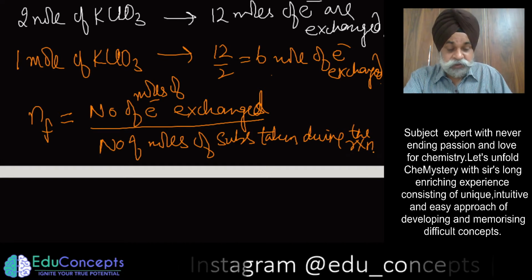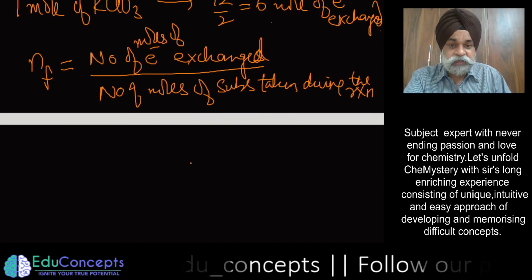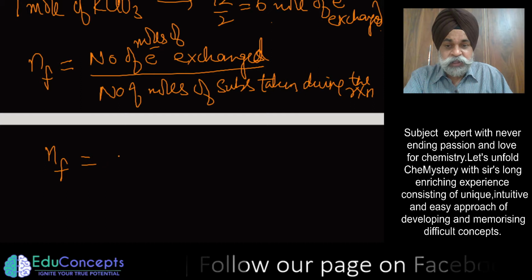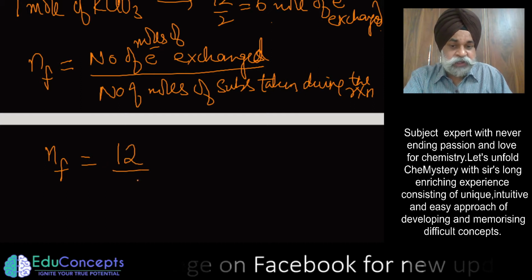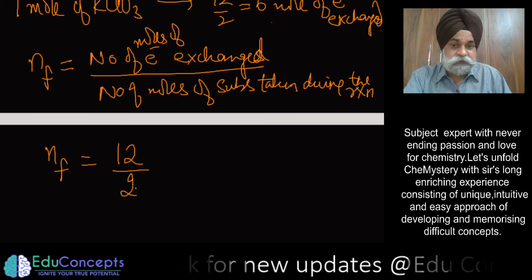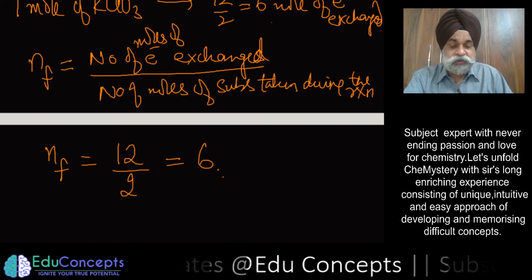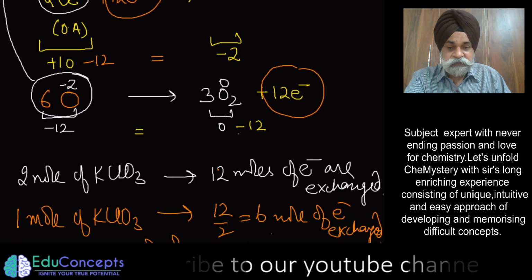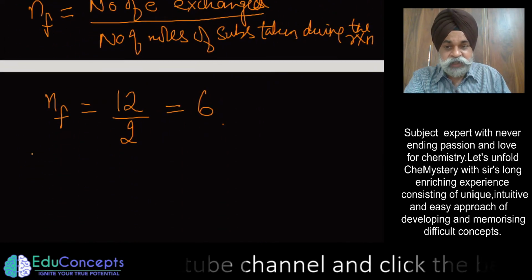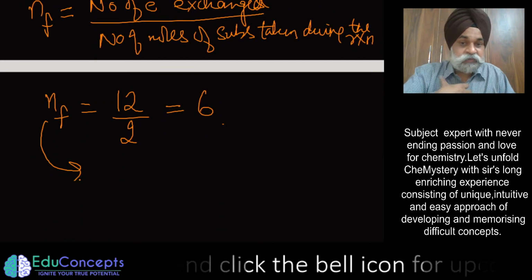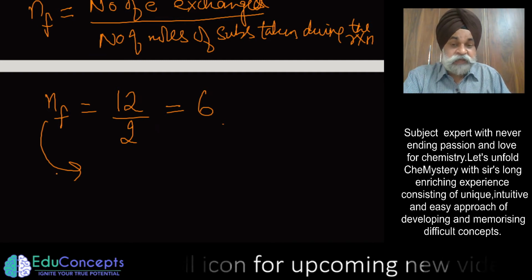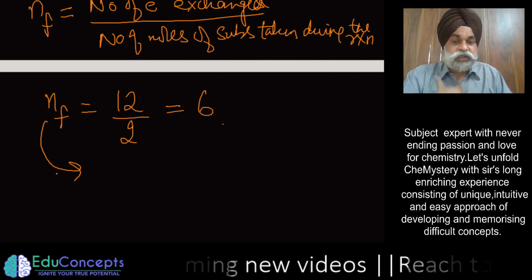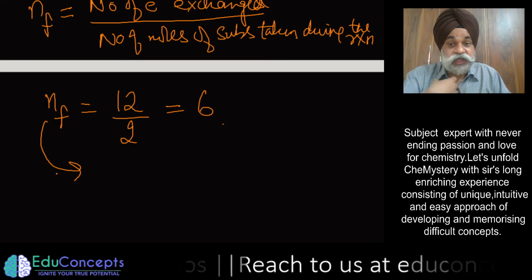Of course, it has to be balanced. So in the balanced chemical equation, we are able to see there are 12 moles of electrons being exchanged within the 2 moles of substance. So the n factor comes out to be 6. So for this potassium chlorate, if somebody asks you that potassium chlorate on thermal decomposition has n factor 6, what does it mean?